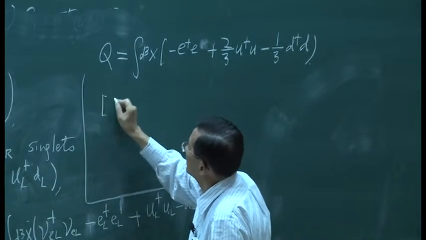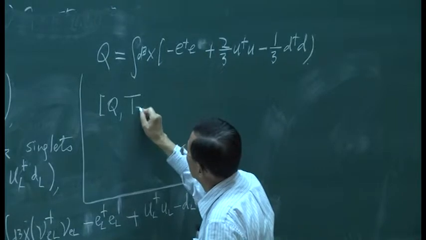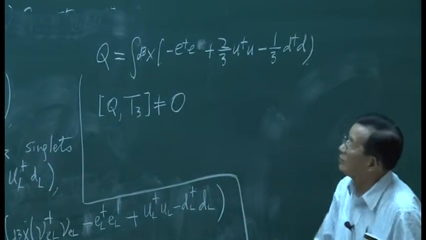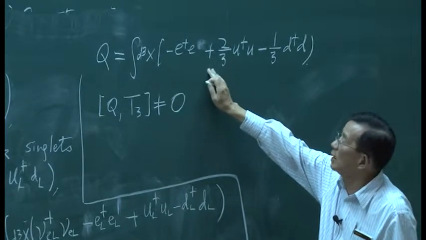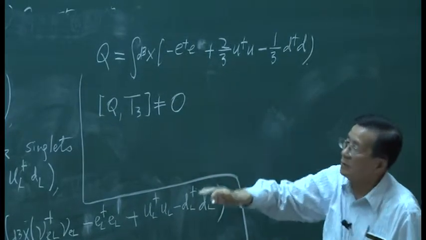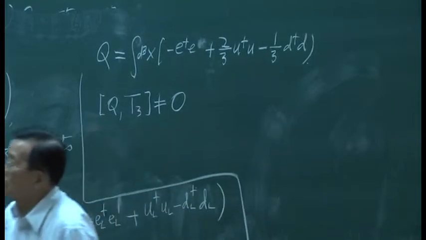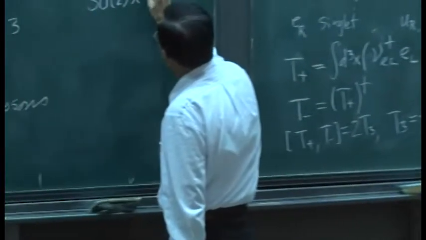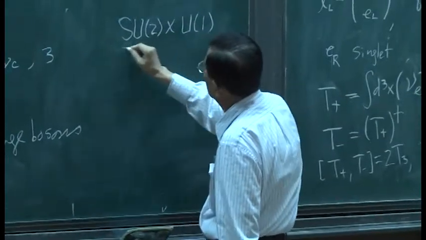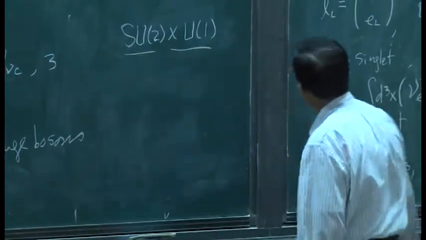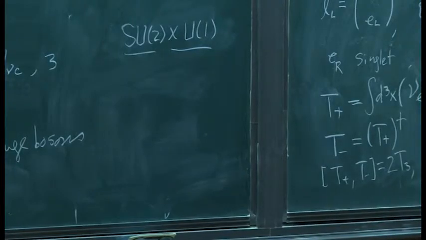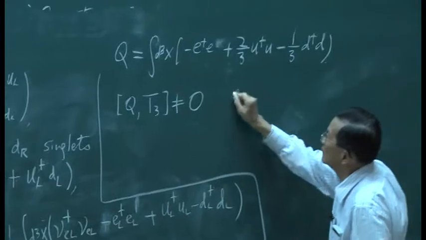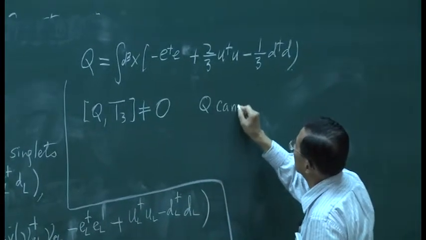And as you can verify very quickly that this is not equal to 0. So we cannot take this to be the U1, because if we want to have an SU2 cross U1, that means that these two groups must commute. But this is not 0, so this Q cannot be the U1.